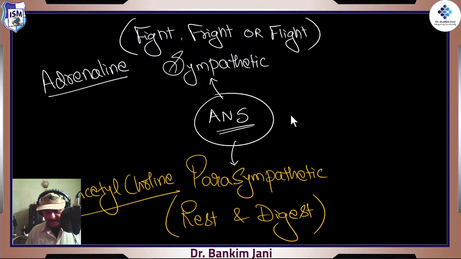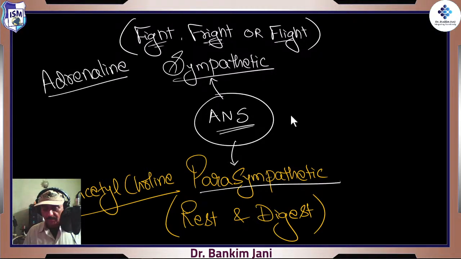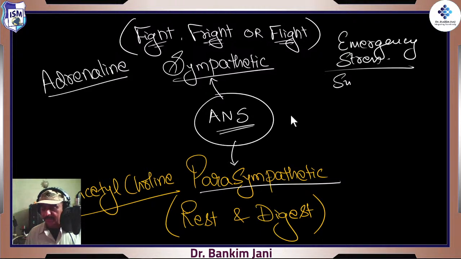So in the ANS, there are sympathetic and parasympathetic divisions. Sympathetic is for fight, fright, or flight. What you have to do whenever there is an emergency, right? Whenever there is an emergency, wherever you are in stress, you need support, right? You need sympathy.